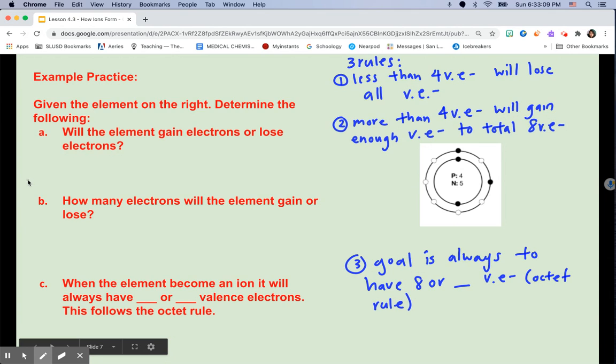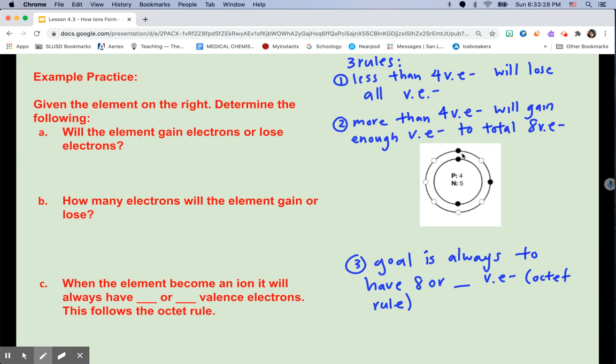All right, so let's go ahead and try this second problem. It's a little bit different, and this one is a little bit trickier. So here in this case, it's the same 3 questions, but I have a different element. So it asks, will the element gain or lose electrons?